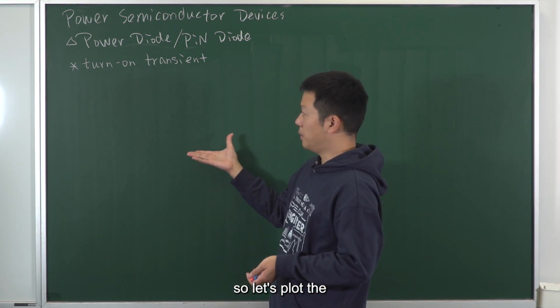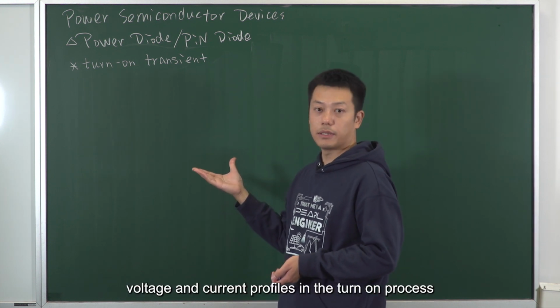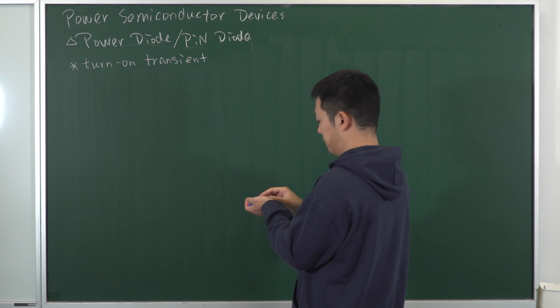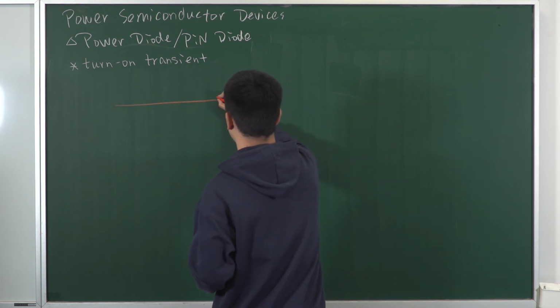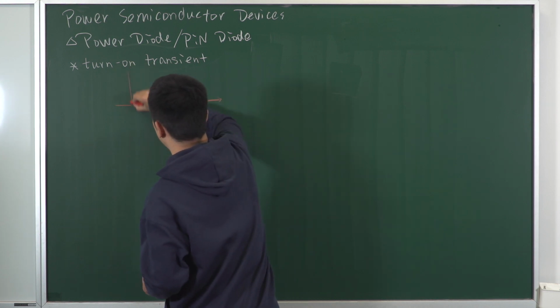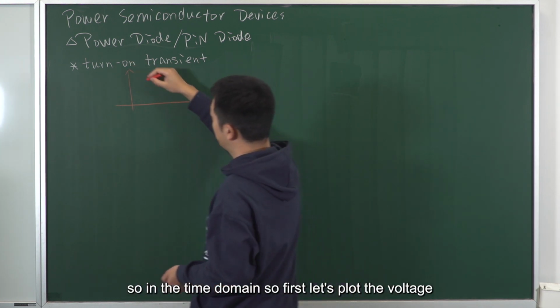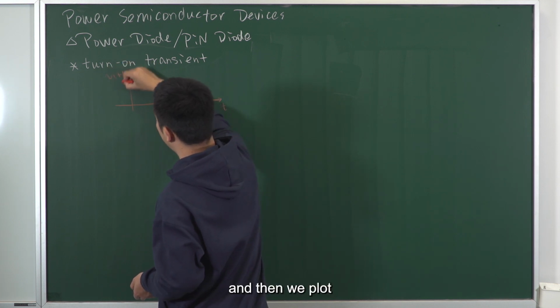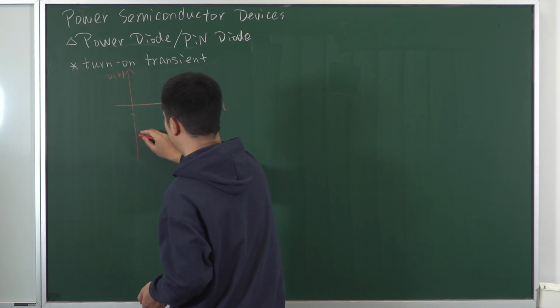So let's plot the voltage and current profiles in the turn-on process. So in the time domain, first let's plot the voltage, and then we plot the current.